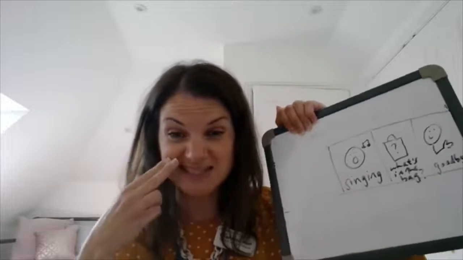Time to do some singing. We've got 3 songs today. We've got 3 little monkeys. We've got one about a pig, like the pigs in our story. This one's called This Little Piggy. And we've got Twinkle, Twinkle, Little Star.